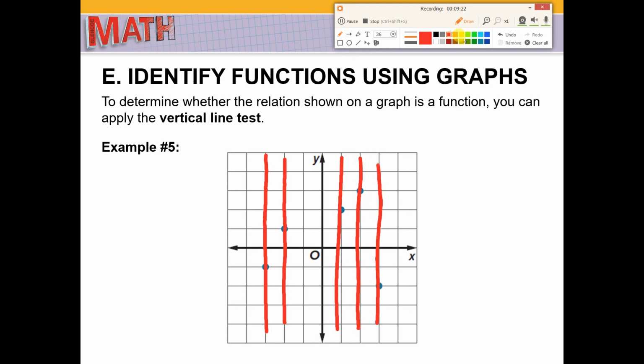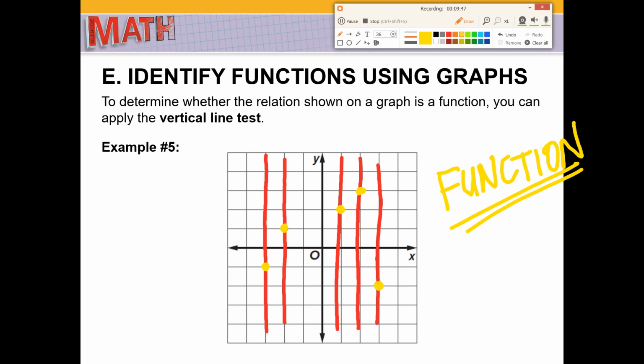Now let's see how many points each touches the graph. So we have 1, 1, 1, 1, and 1. So since all the vertical lines are touching the points only one time each, then this is a function. And that's it, guys, for this part of the lesson.